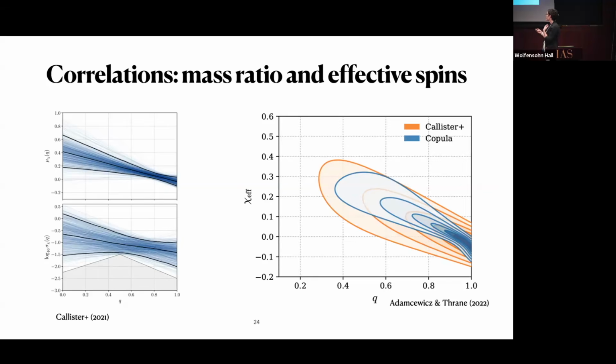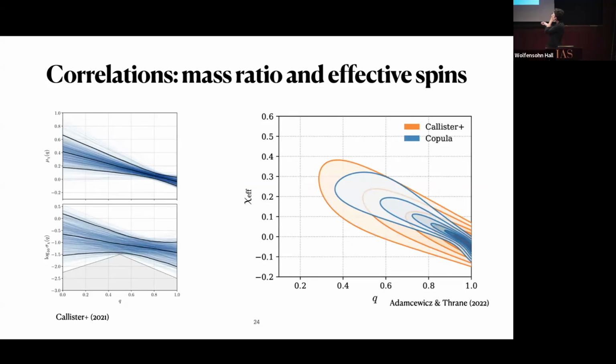So basically, the more unequal mass systems have a broader chi-effective distribution than the more equal mass systems. That makes a lot more sense astrophysically if you think about hierarchical mergers. I'll explain this more tomorrow.